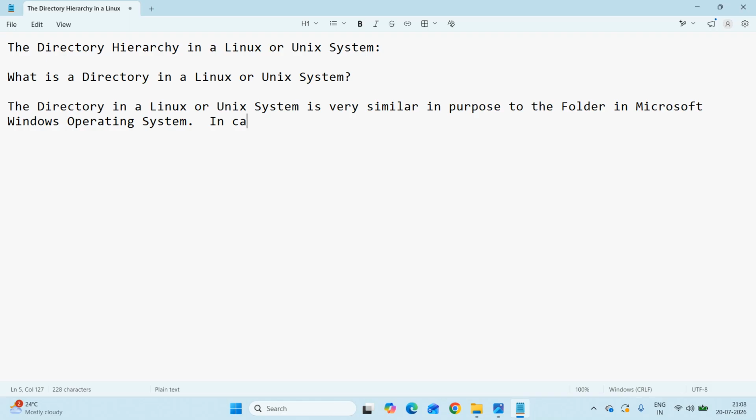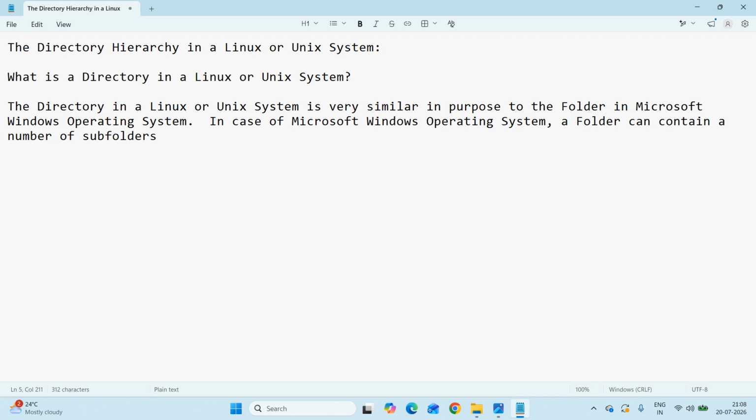In the case of the Microsoft Windows operating system, a folder can contain a number of subfolders and files.